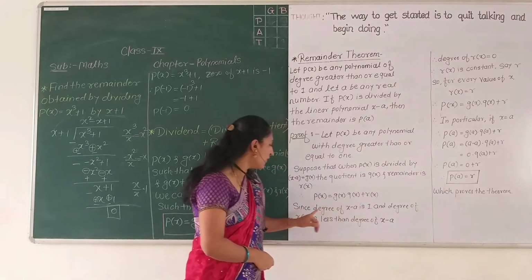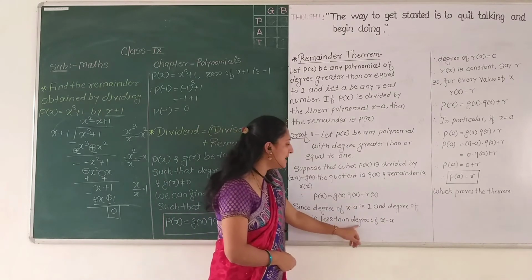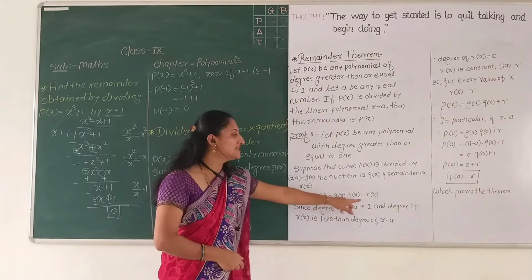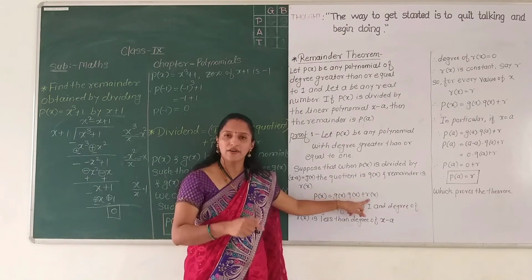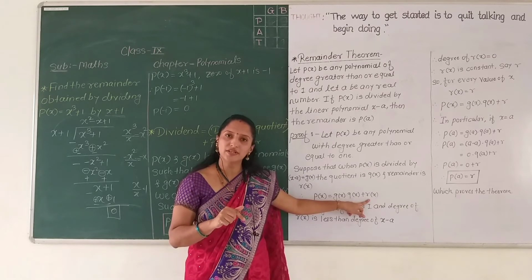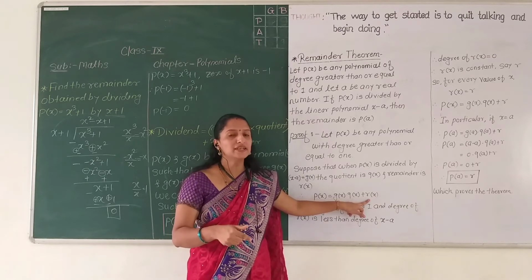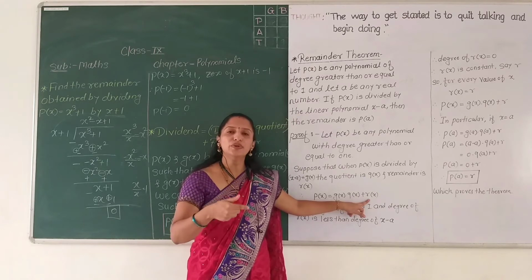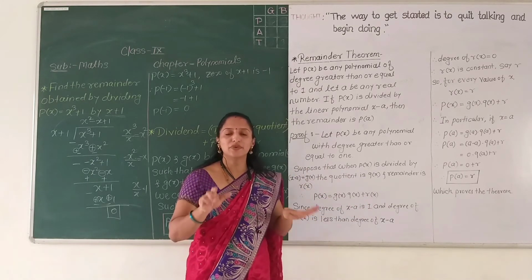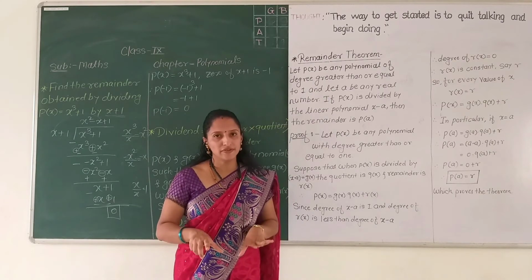And degree of r(x) is less than degree of x minus a. Why? Since r(x) is the remainder. When we stop the process of division, when the degree of the new dividend is less than the degree of the divisor, then we stop the process of division.